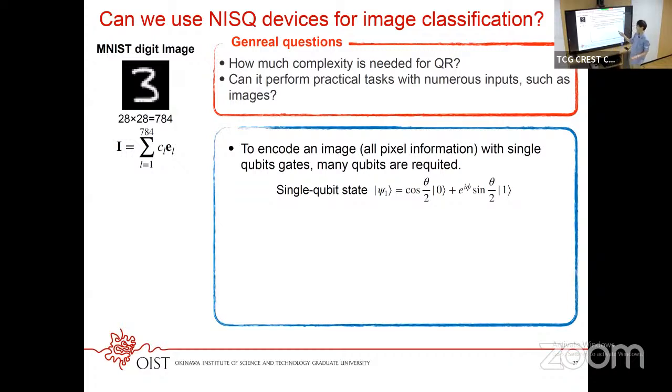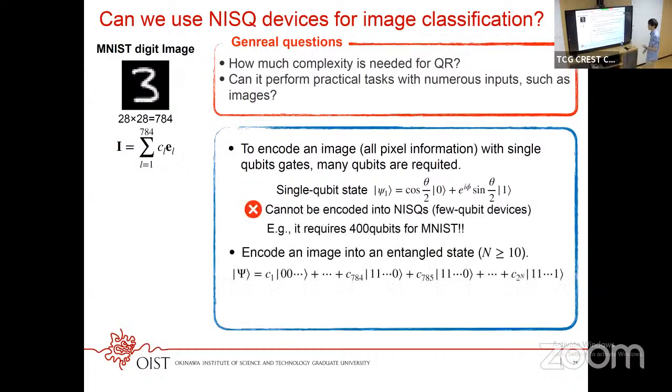To encode all pixel information with single-qubit gates like rotations requires many qubits, because one single qubit has only 2 variables. It cannot be encoded into NISQ devices with few qubits, because in the MNIST case it requires 400 qubits at least.